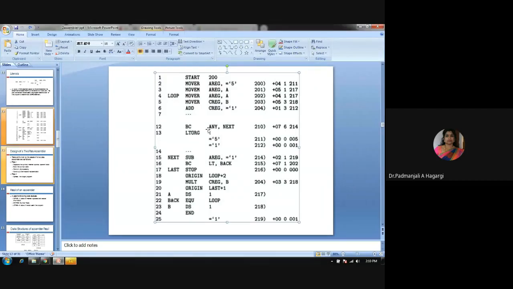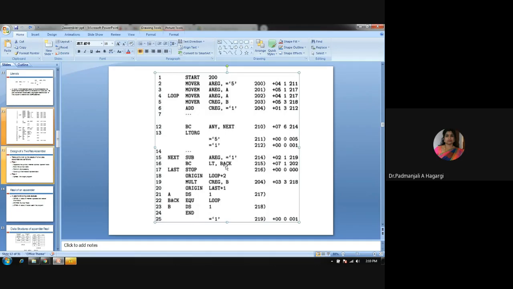Here ANY was used, branch on condition code on less than or greater than, anything it was branching, so it was taken as code 6 here. So here LT is taking the opcode value as 1, and back is a label.